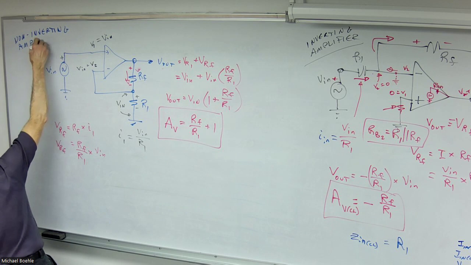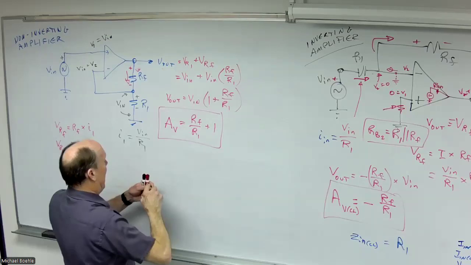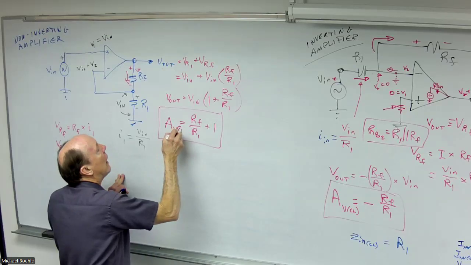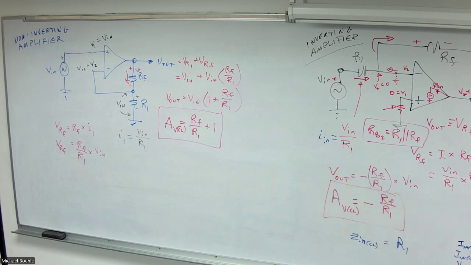Once again, the actual voltage gain, oh, I forgot my closed loop. There. Closed loop voltage gain is once again determined by resistors that you put in the circuit. And very similar to our other quantities that we looked at, right?